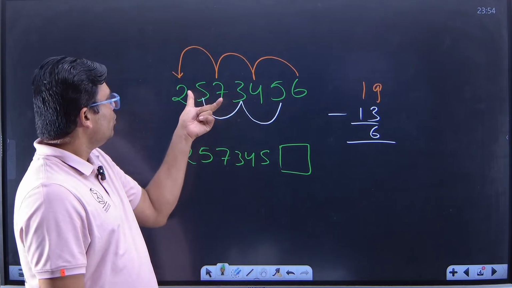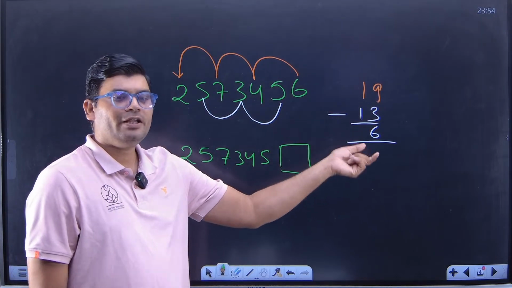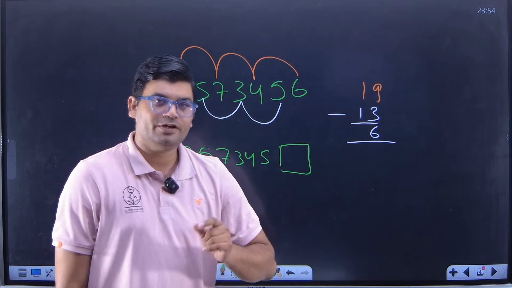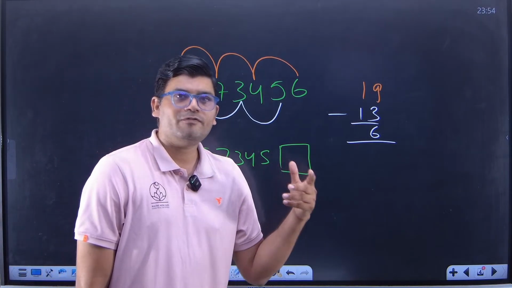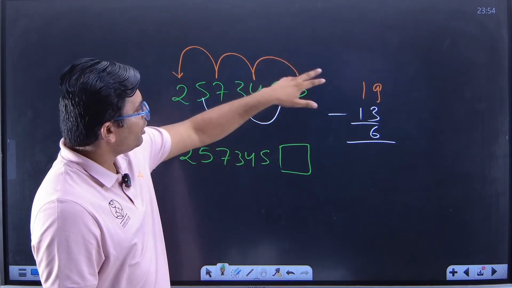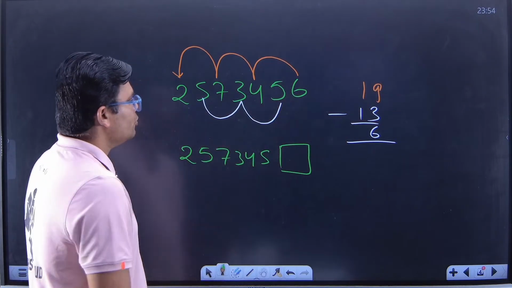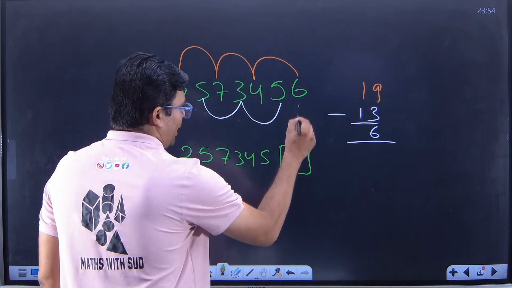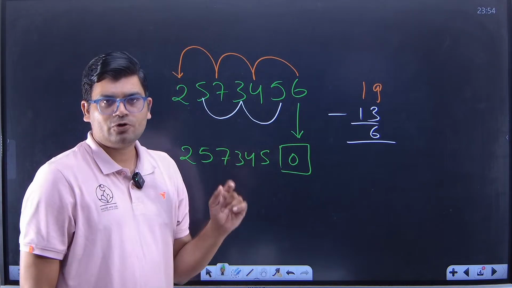You know that these digits form 19, so the remainder is 6. What do we need as a remainder? We need the remainder to be 0 or a multiple of 11. So this orange digit is 6 more, so if I replace it by 0, I reduce the difference by 6, and I am sure that this number is going to be divisible by 11.